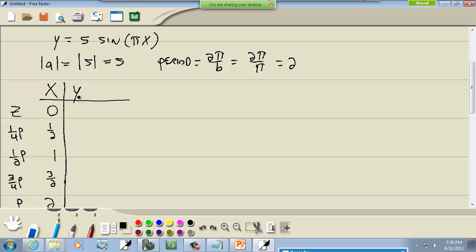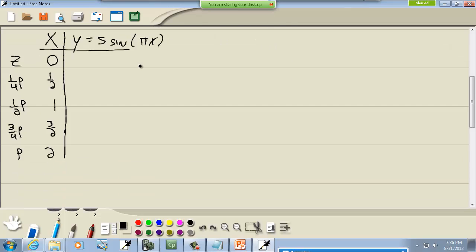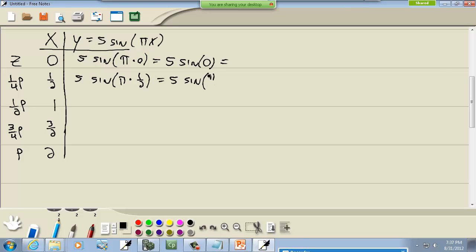And we're going to be plugging into this: y is equal to 5 sine pi x. Okay, so I'm going to have 5 sine of pi times 0, so that gives us 5 sine of 0. Then 5 sine of pi times 1/2, which gives us 5 sine of pi over 2.